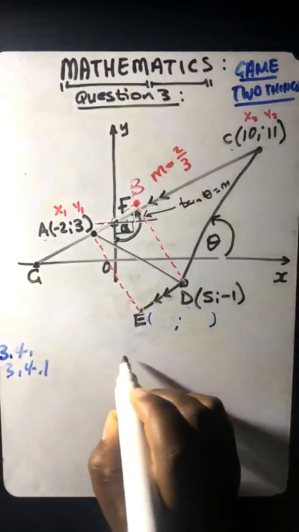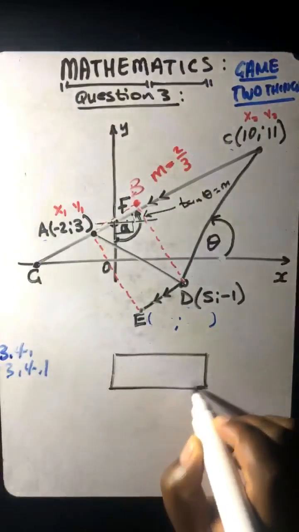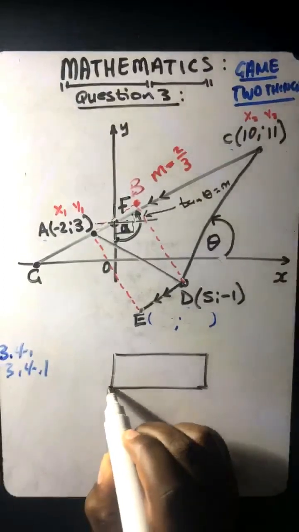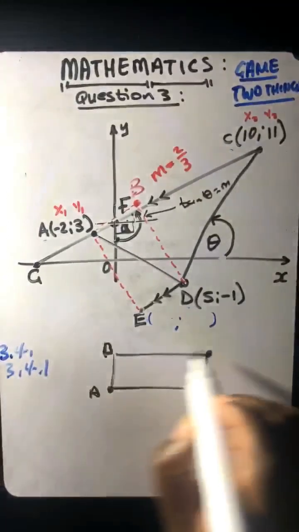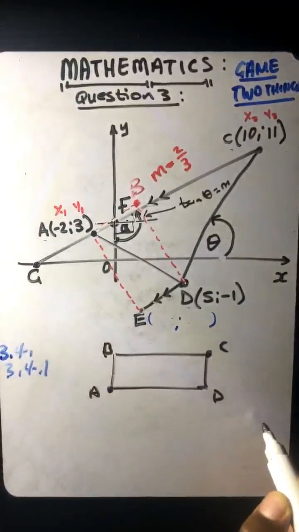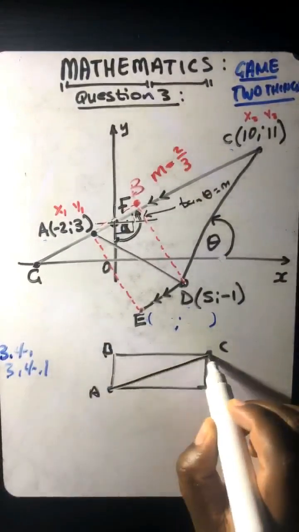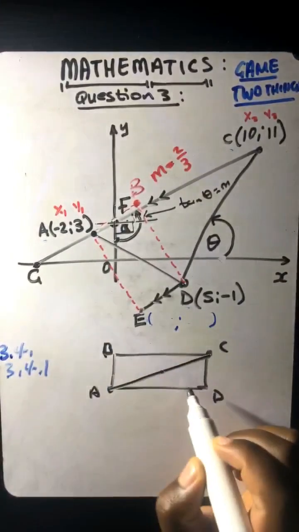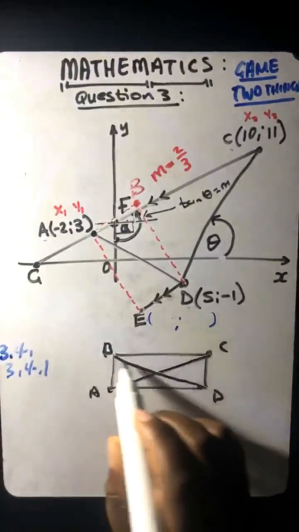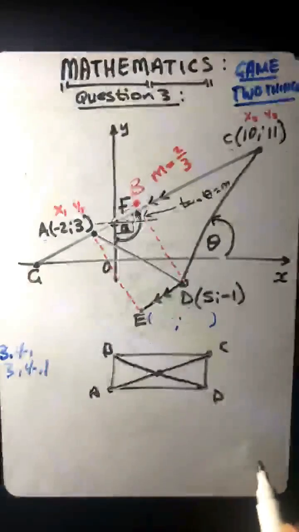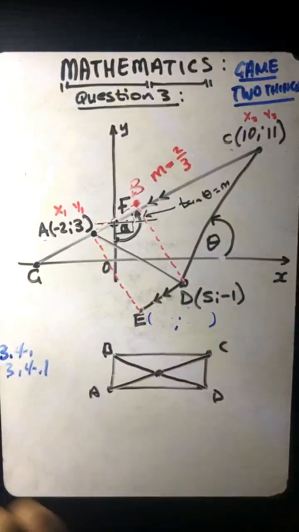You need to understand that always when you have a rectangle, say we have A, B, C, and D, the midpoint of that line is the same as the midpoint of the other line, because it's a rectangle having those diagonal lines. I'm not sure if it makes sense, honorable members.